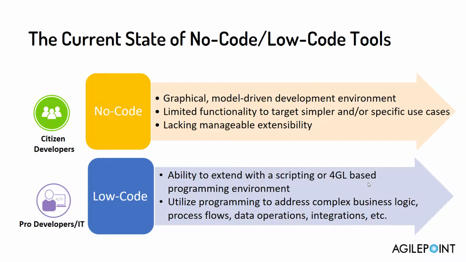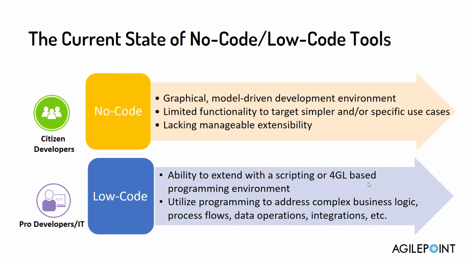Now, if you want to go beyond what they offer off the shelf, you're really facing a scenario of an unmanageable extensibility layer. What you're looking at most often is the ability to, say, extend an application by dumping in some C# or some JavaScript code. It's tough to say what that code does 6 months down the line when the developer has moved on to another project.